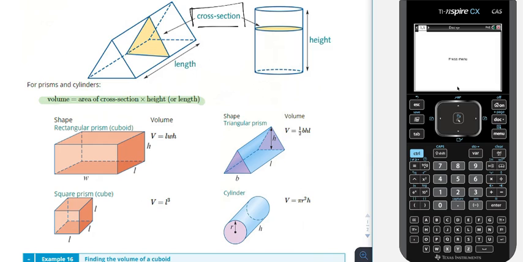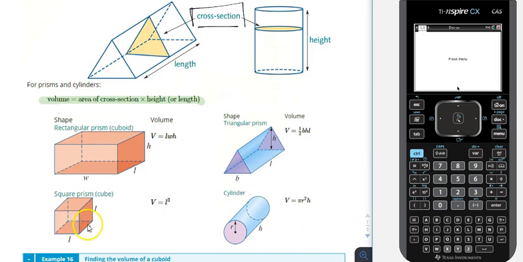Alright. So some generalized formulas. We've got a rectangular prism, a square prism, a triangular prism and a cylinder. Basically, these volume formulas are looking at finding the area of one side, so length times width is like the bottom of this shape, and then timesing it by the third side.